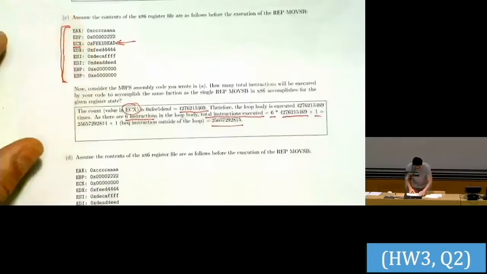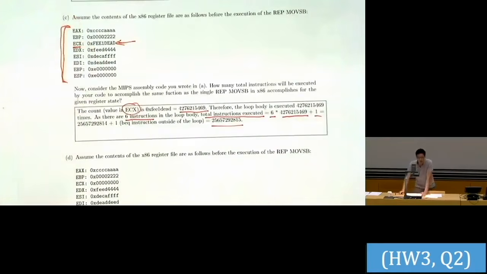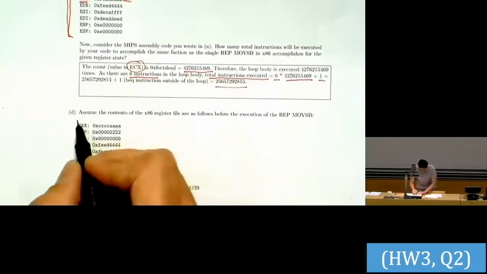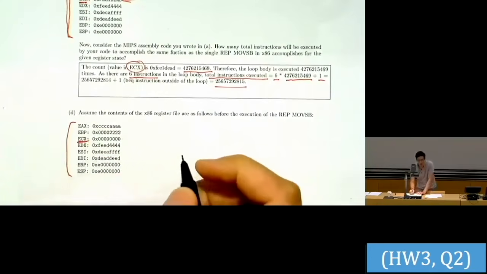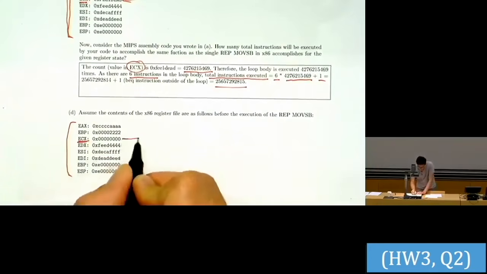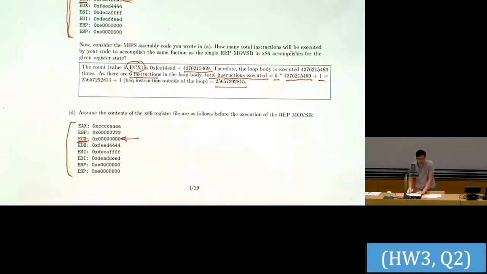The last part, part D, is exactly the same. The question is exactly the same, but the contents of the register file in this case are different. If you observe the value of ECX this time, it is 0. So if it's 0, we are not going to enter the loop. Right?